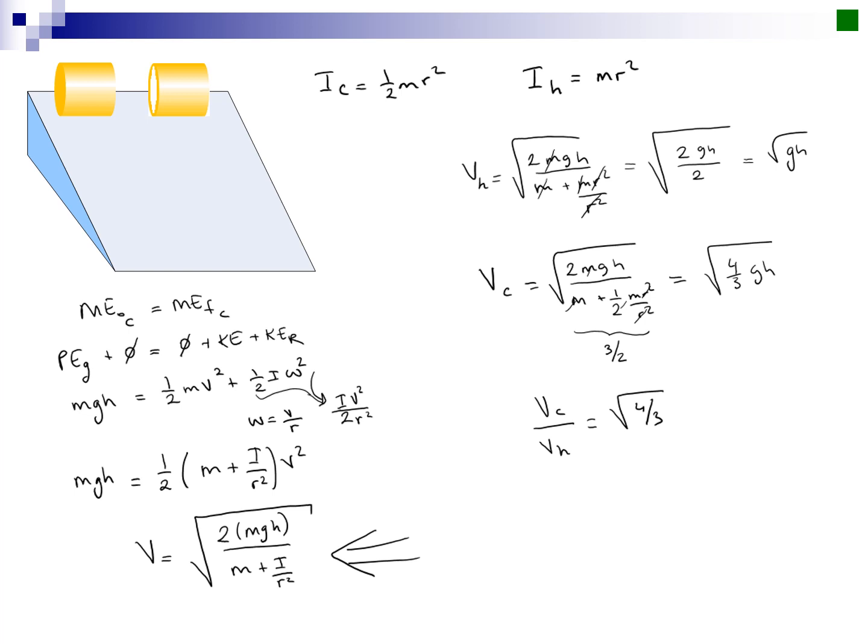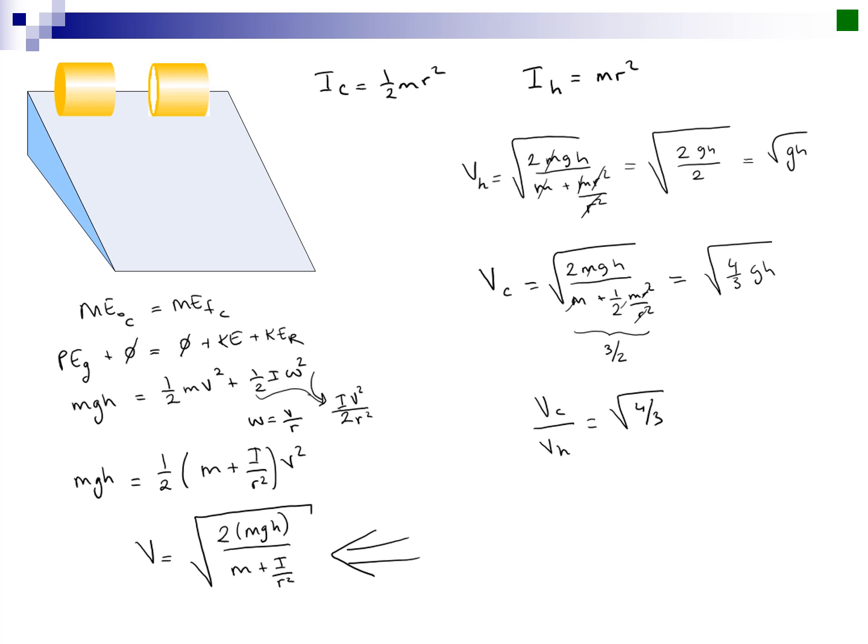Judging by here, what do you think the effect of having a different mass or even a different radius? It seems like no effect after all. So this becomes 2gh over 2. So this gives me root gh for the hoop.